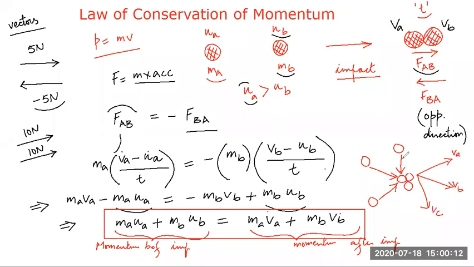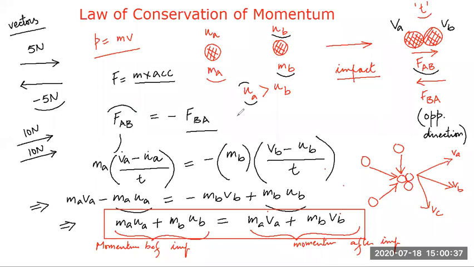So in this case, MAUA plus MBUB plus MCUC would be equal to, can anyone tell? MAVA plus MBVB plus MCVC. So total momentum before the impact is equal to total momentum after the impact.